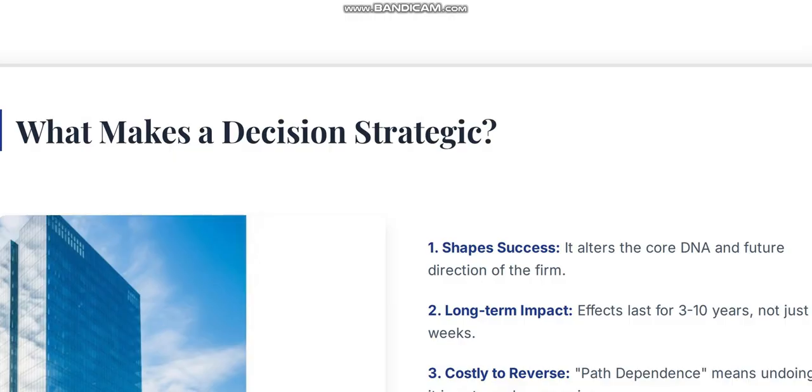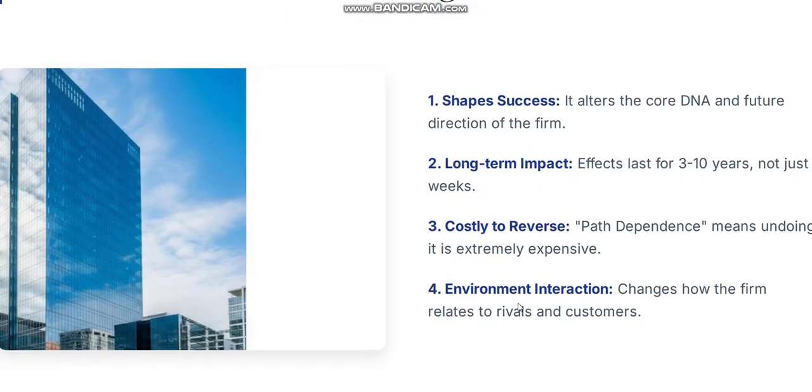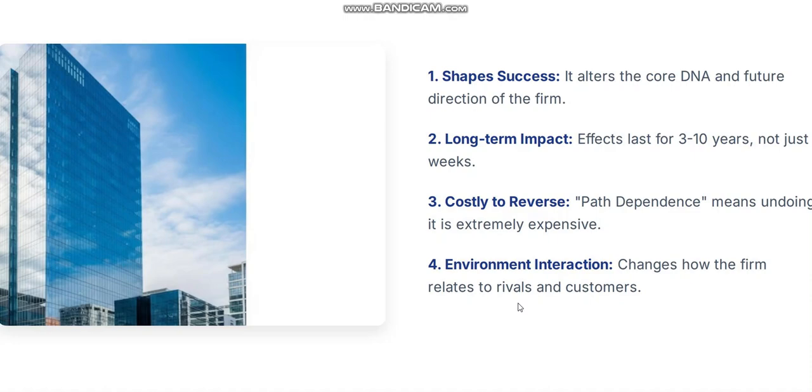And that could lead to the survival of your business for the long term, right? Long-term impact affects at least 3 to 10 years, not just a week. It should have a big impact over your business, your strategy, right? Costly to reverse. That means undoing it is extremely expensive, right? You shouldn't have to undo what you have implemented and then come back, and it costs a big amount for you and could be extremely difficult, right?